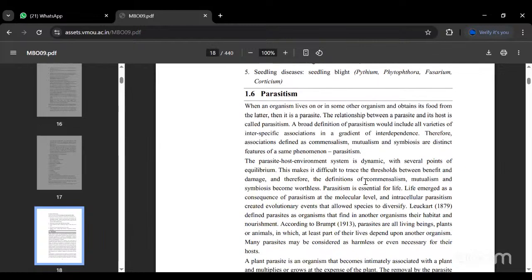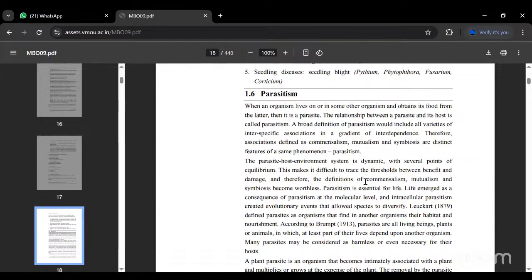Parasitism: when an organism lives in or on some other organism and obtains its food from the latter, it is a parasite. The relationship between a parasite and its host is called parasitism.